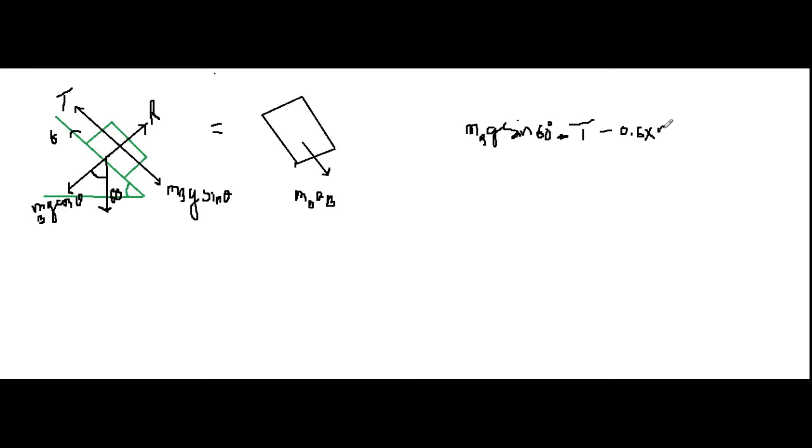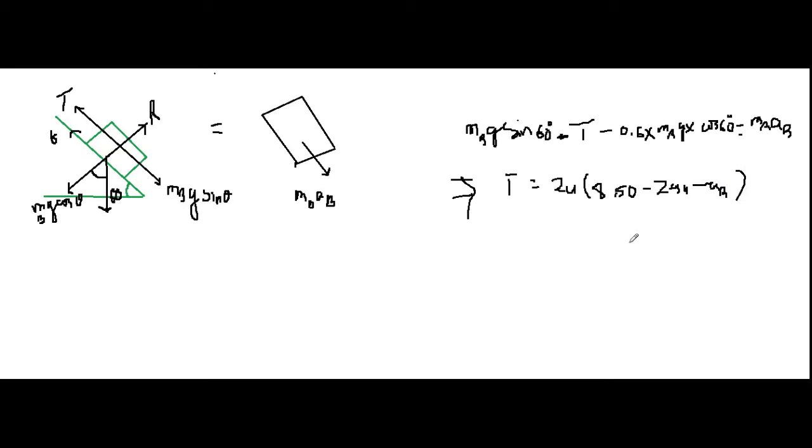So that can be written as mass of block B into g into cos theta, where theta is again 60 degrees, equals mass of block B into acceleration of block B. While solving this, the value of tension shall come out to be 24 times, since we put mB, the mass of block B, as 24, 8.50 minus 2.94 AB. So this is equation 2.